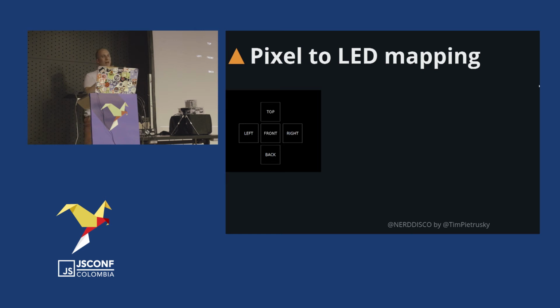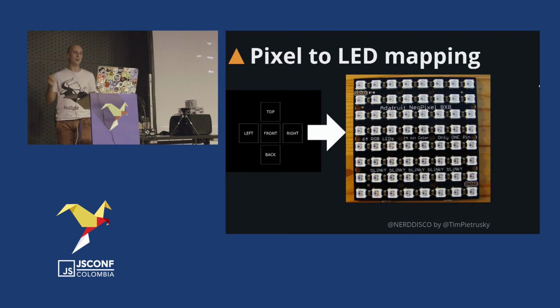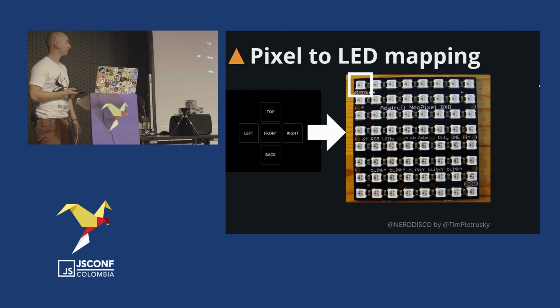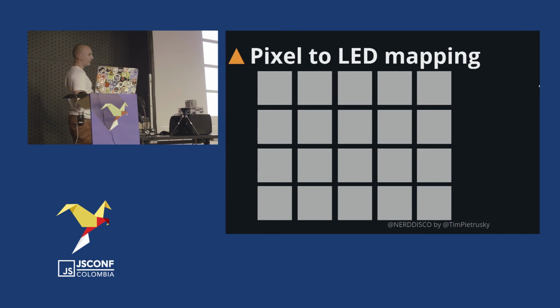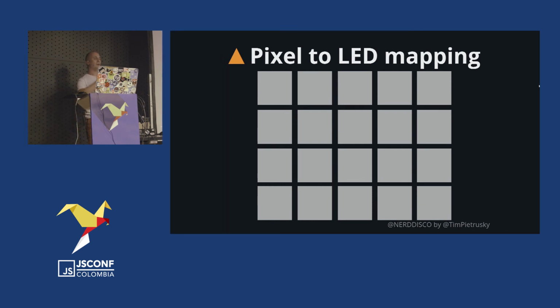But how are the pixels mapped to the neomatrix itself, because you have to somehow map the pixels with the data on the canvas. Let's look at one neopixel in particular. If you have a canvas, it's a huge collection of pixels, like here. It's a small area of pixels.